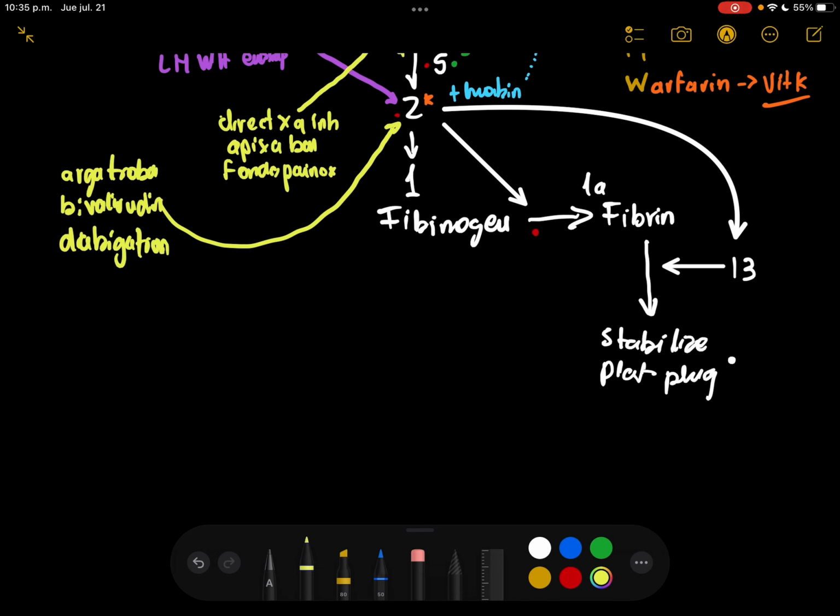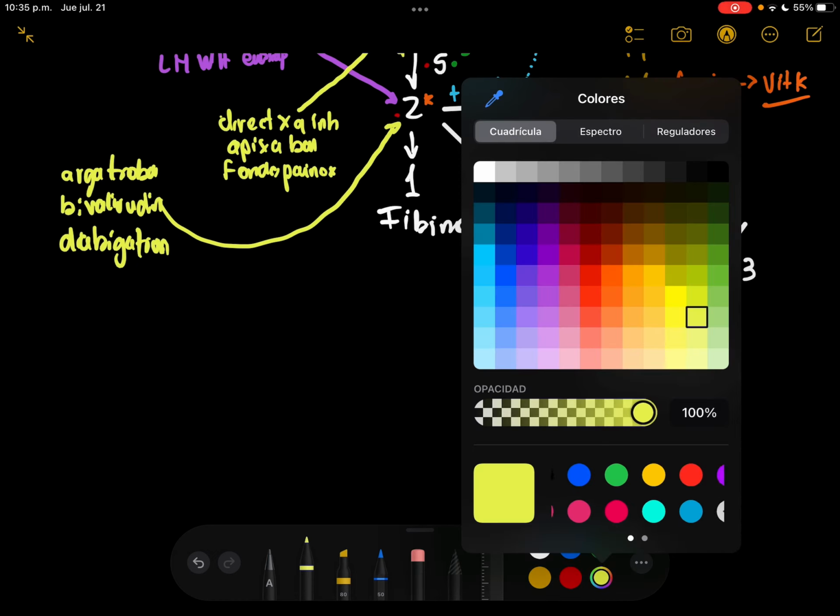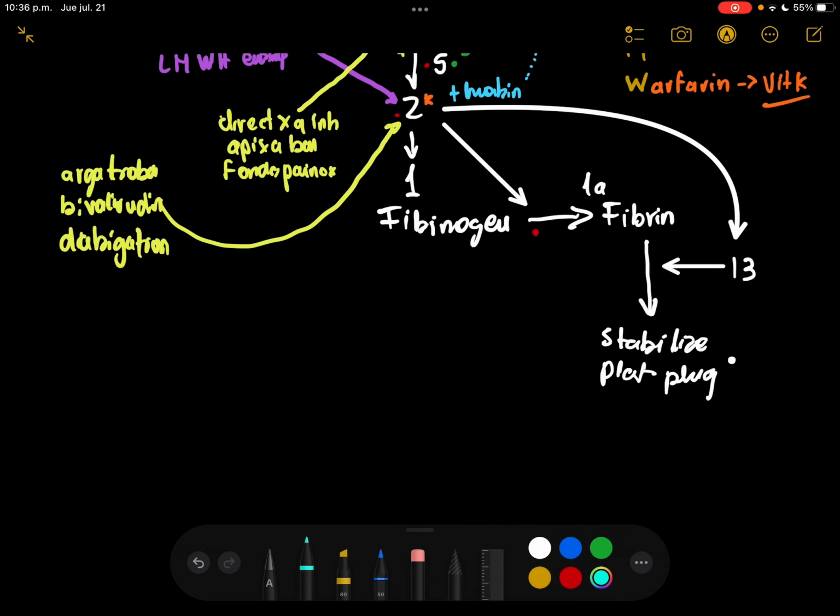And the thing is that you're going to physiologically use a pathway that is going to destroy this stabilized platelet clot, and it's going to act with plasminogen.